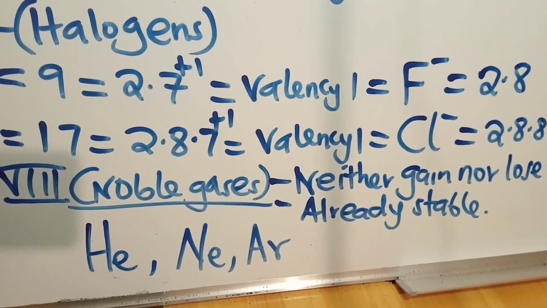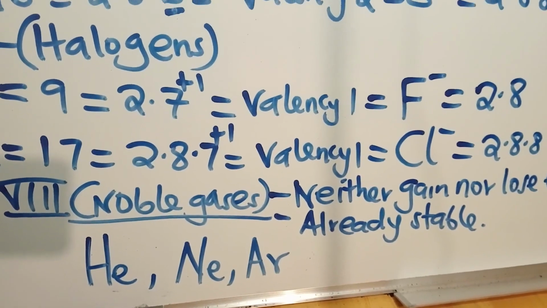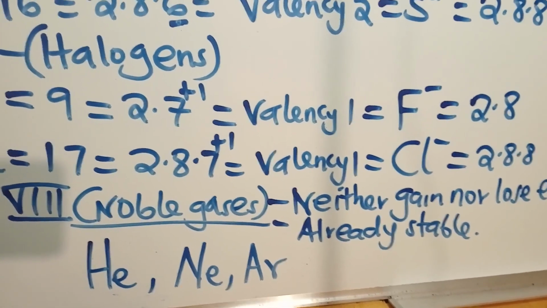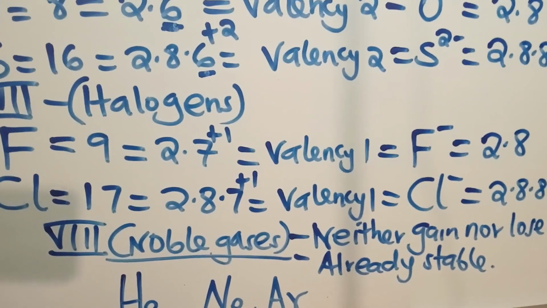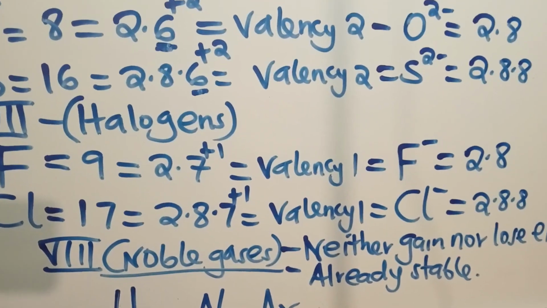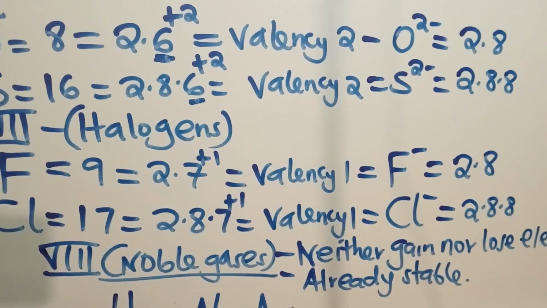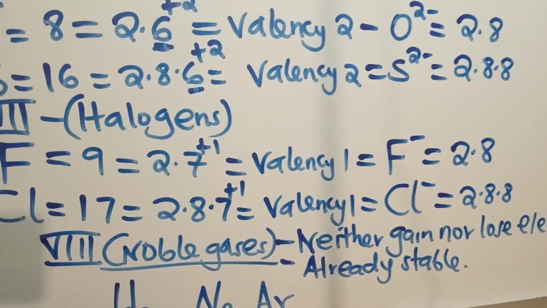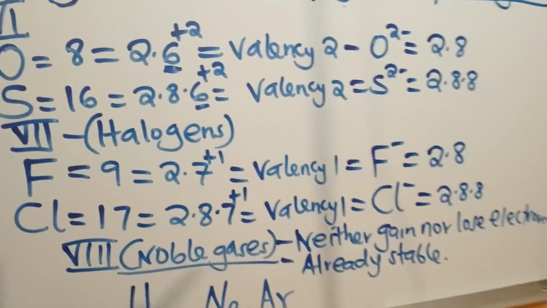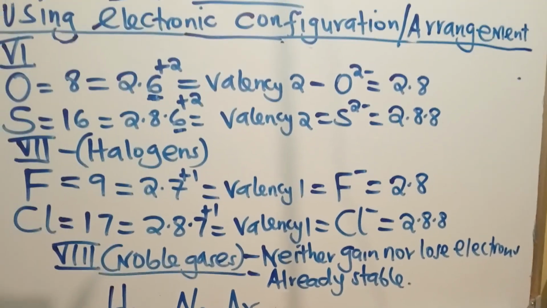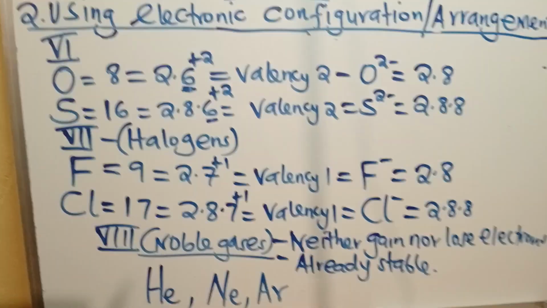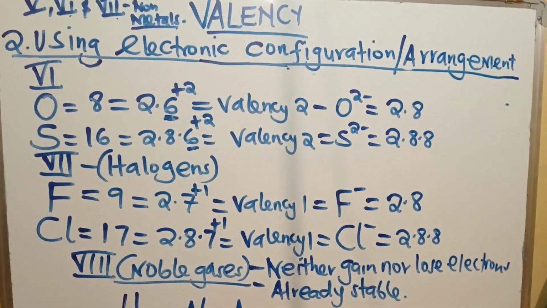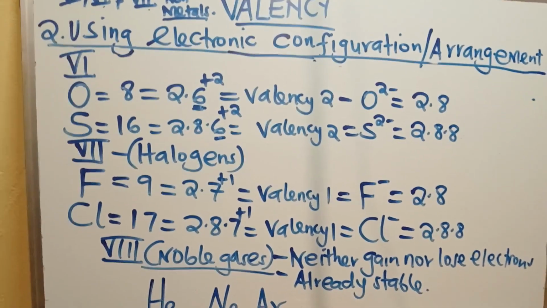So for these ones, they do not have valencies. They also do not react, because for any element or for any atom to react, there must be the gaining or the losing of electrons. So these ones, they are already stable, they do not react. That is as per the chemistry that we learn in our high schools.